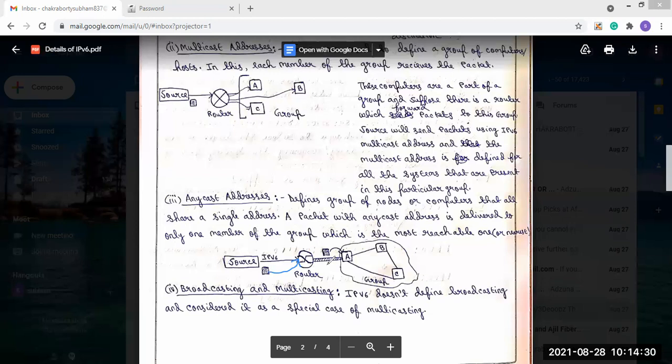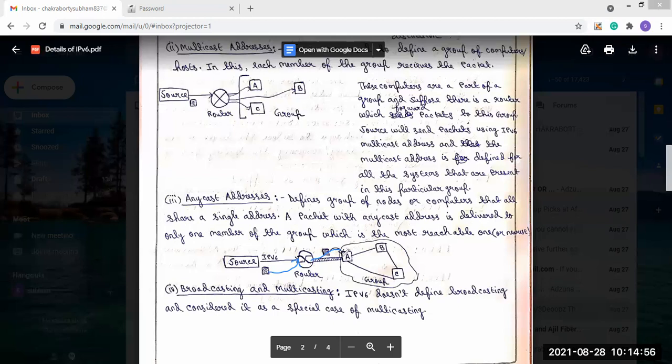this A is the nearest to the router. So what will the router do? It will see which system is the nearest in the group, and it will send the packet to that system. That is why it is said that a packet with an Anycast address is delivered to only one member of the group, which is the most reachable one.